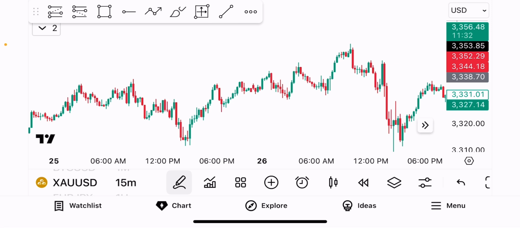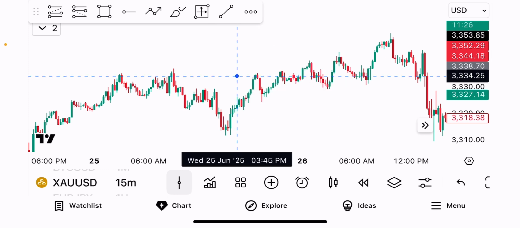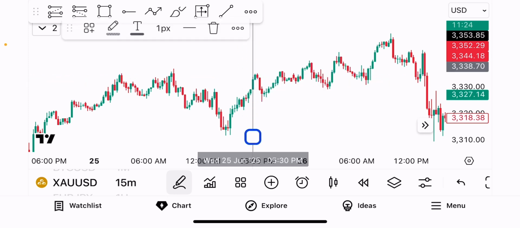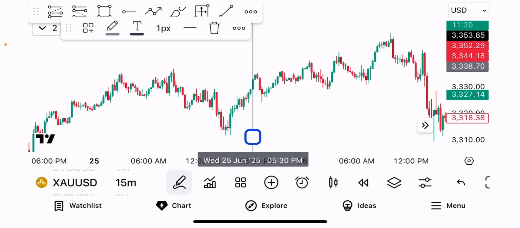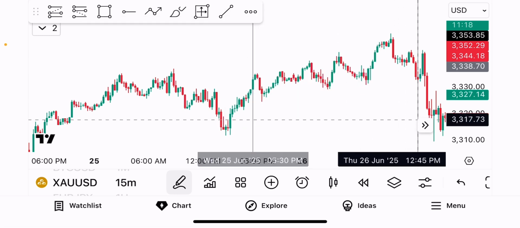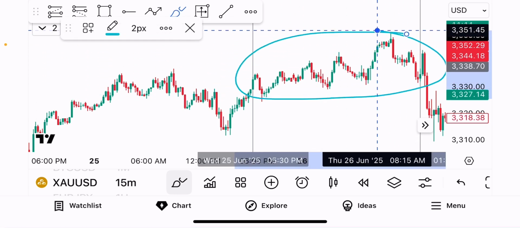Just like here, let me use this place as a case study. Now, looking at this market condition from here to this area here, this zone here, we can see that the market is moving sideways.